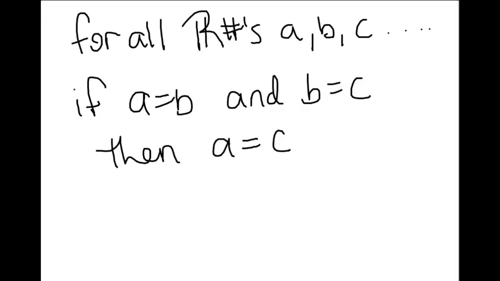So our next property says that if a equals b and b equals c, then a equals c. So this is called the transitive property. And if you think about it, it's almost like we transition.